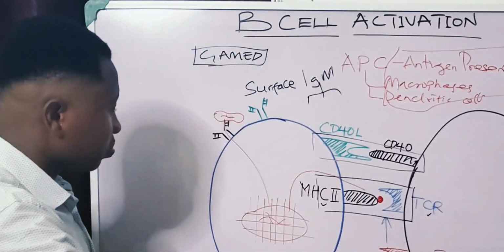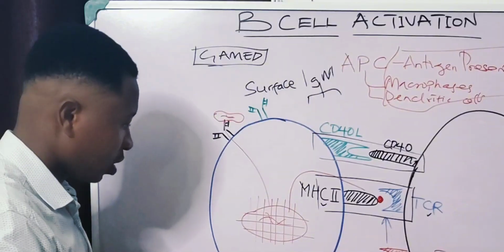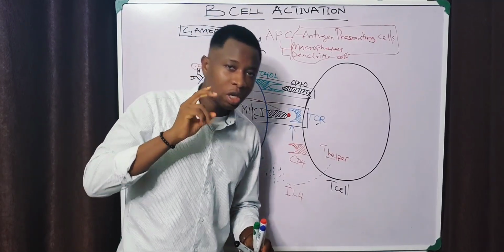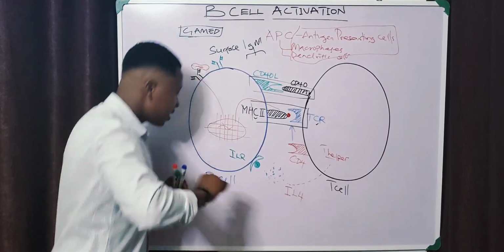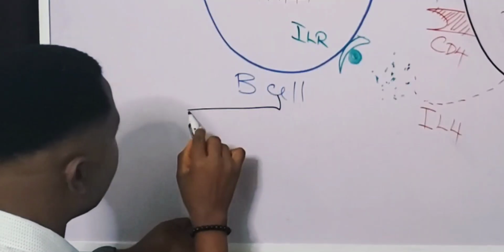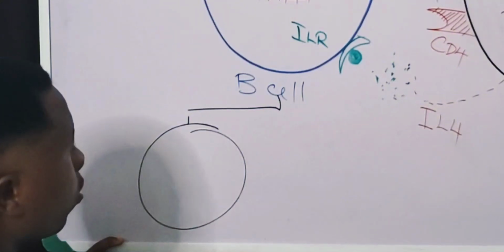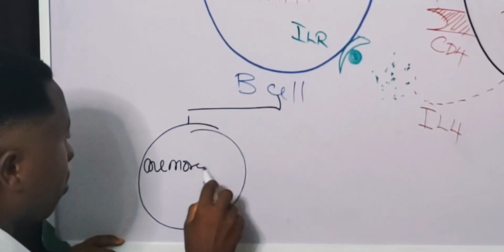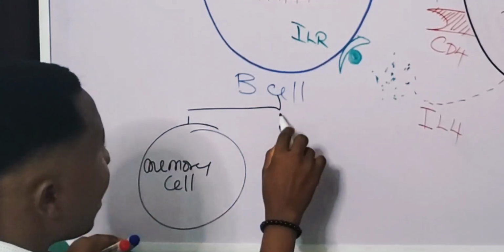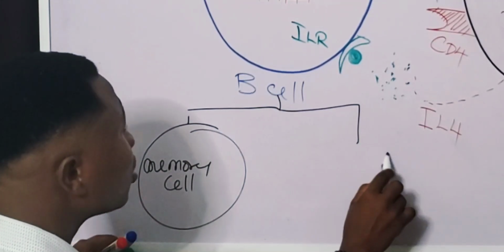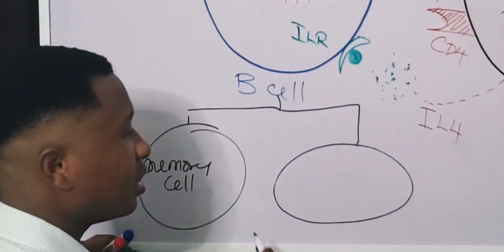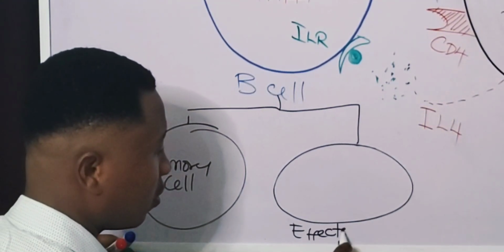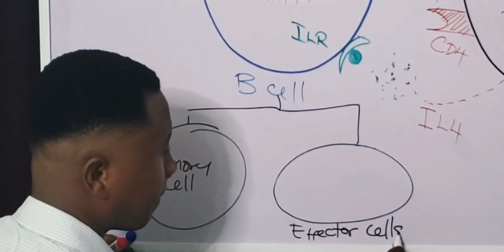So when that happens, this B cell will differentiate into two types of cell. The first one is what we call the memory cell, and another one, which is actually what produces the antibody, is called the effector cell.